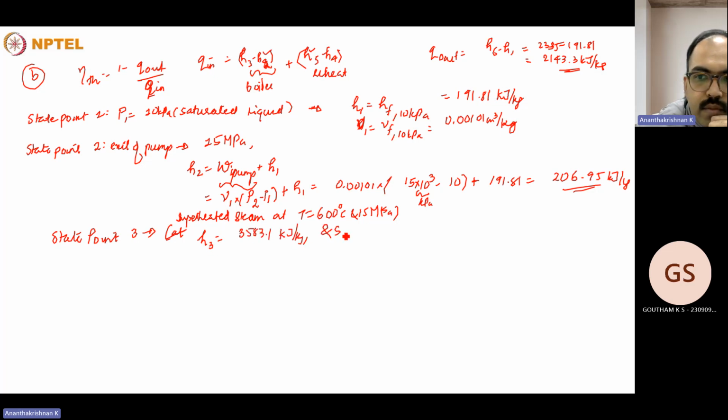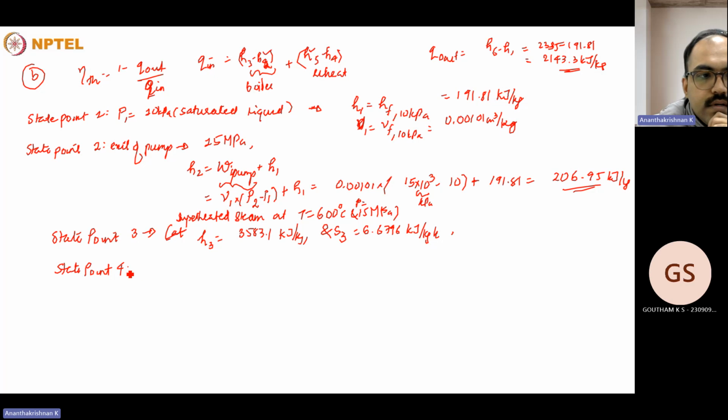And similarly, the entropy from the steam table, for superheated steam at the given temperature and pressure, is 6.6796 kilojoule per kilogram Kelvin. So we know H3 and S3. This S3 is quite important because that's the only way we can calculate state point 4.